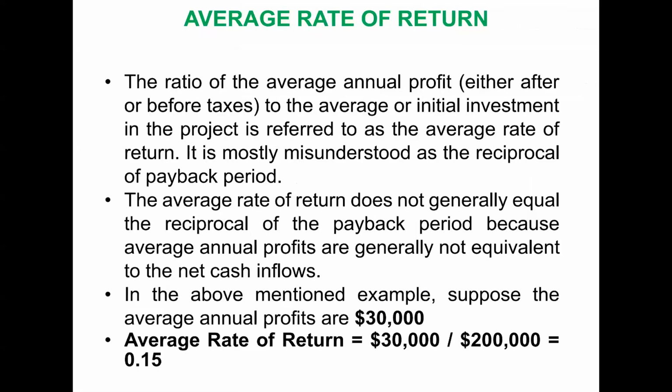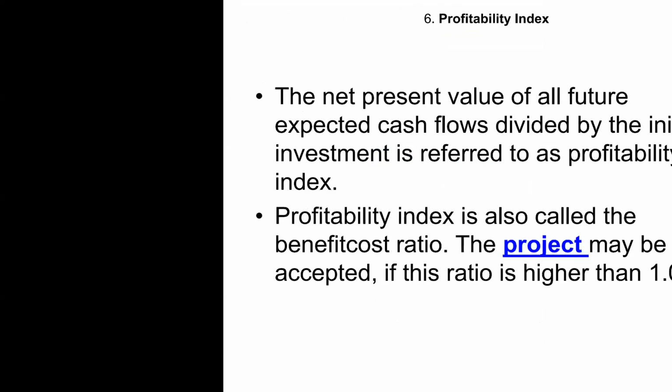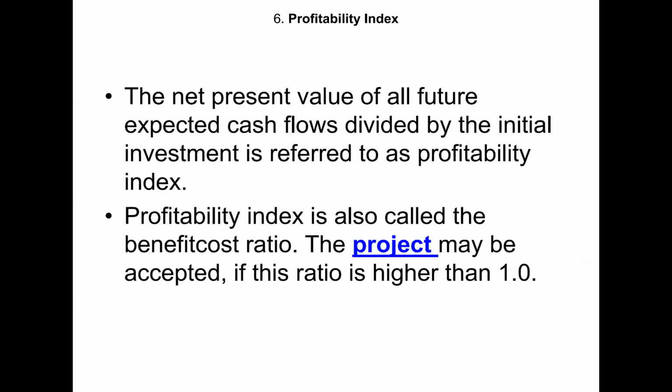Now, the profitability index. Let me say something about the profitability index. With the profitability index, the net present value of all future expected cash flows is divided by the initial investment, and that is referred to as the profitability index, right?